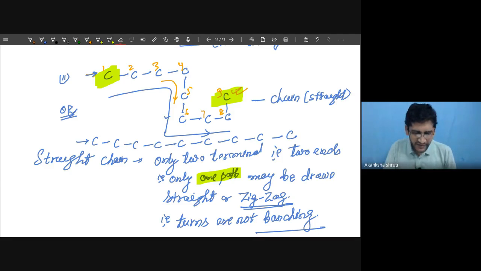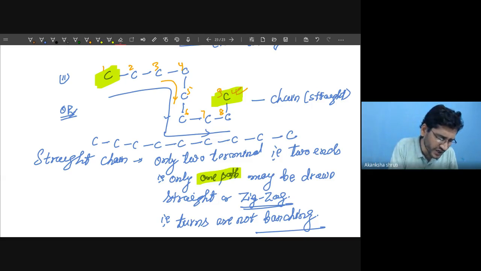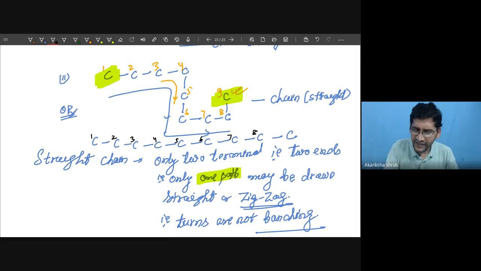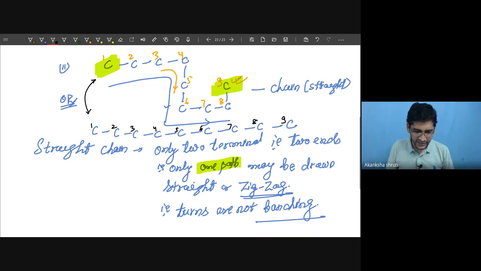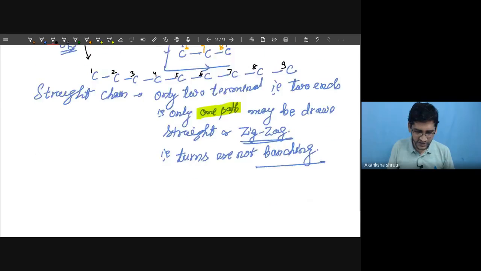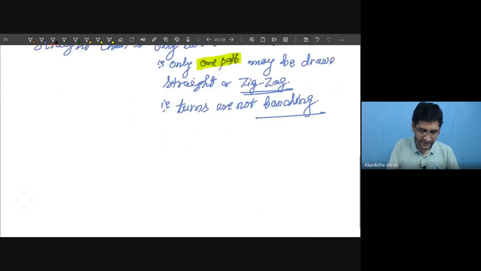So student, a straight chain means if you are starting from one terminal and trying to reach the other terminal, then you have only one path. That is the method to determine. 4, 5, 6, 7, 8, 9, both are the same. Getting? But if anyone is taking it like this, understand the next, by that you can understand it better.